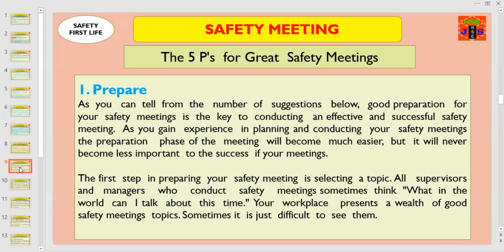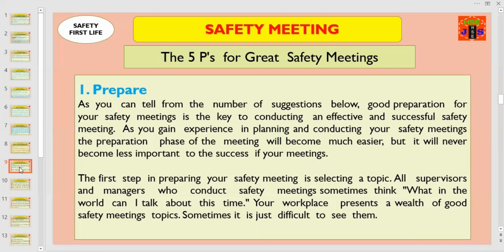Dear friends and colleagues, in part 2 of the safety meeting, I'll discuss the 5P's, the idea of a great safety meeting. P number 1, prepare. As you can tell from the number of suggestions below, good preparation for your safety meetings is the key to conducting an effective and successful safety meeting.